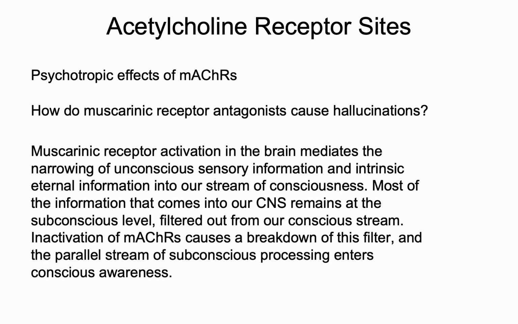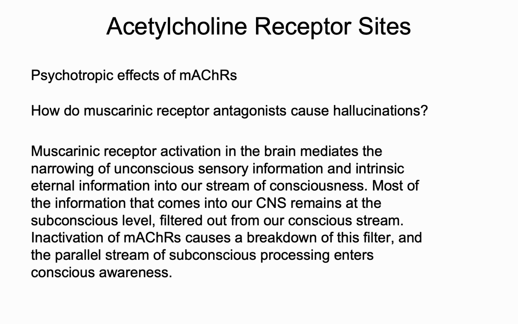And this is in part through muscarinic receptor activation in the cortex. And so most of the information that comes into our central nervous system remains at the subconscious level. That information gets filtered out before it gets into our conscious stream.